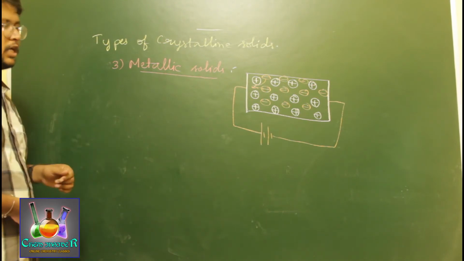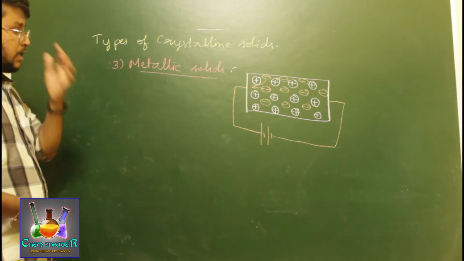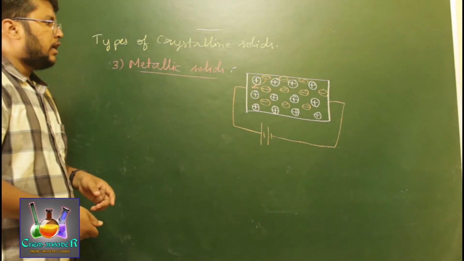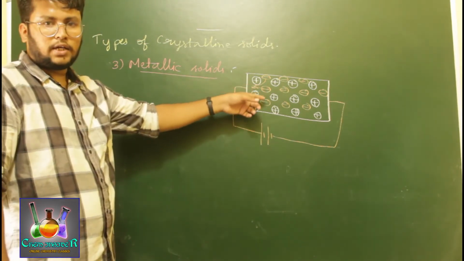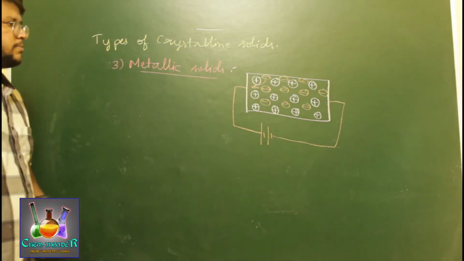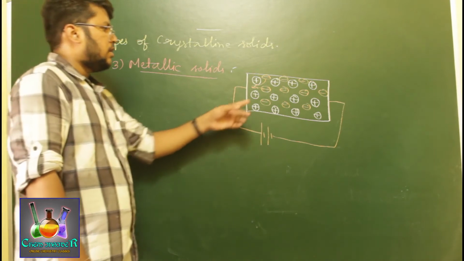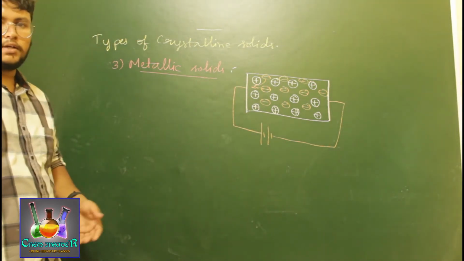Now, how are these metallic solids formed? When we consider a metal, it consists of a sea of positive charges surrounded by free mobile electrons, which are free to move in all directions. Those electrons have a very important role in conducting heat or electricity.